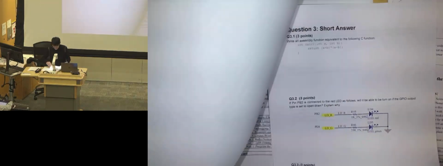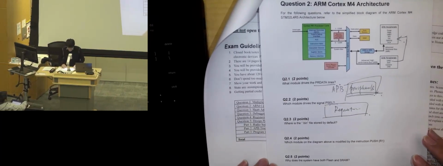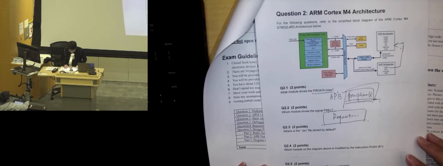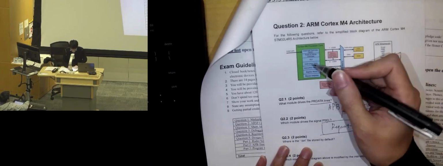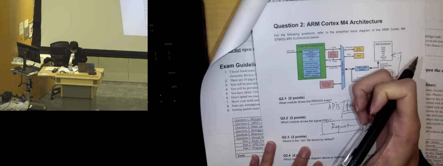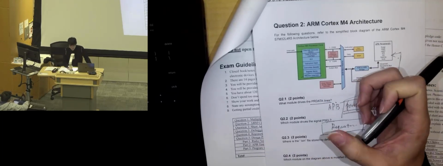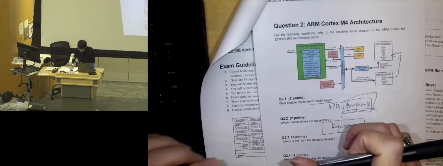So there is a memory interface in the green box, the core. Oh, you mean here? Yeah, what does that refer to? You don't have to worry about that. Okay.